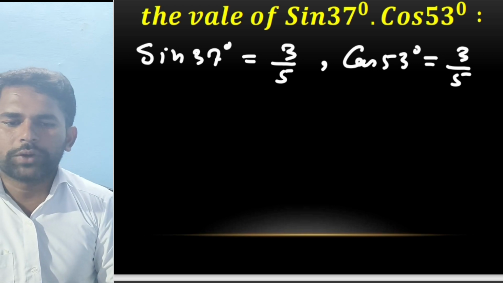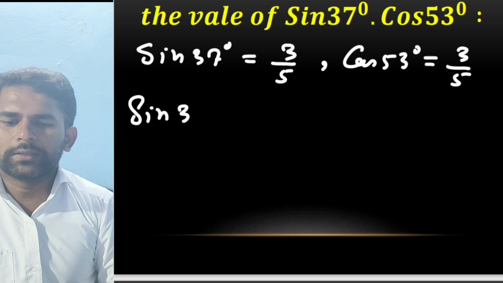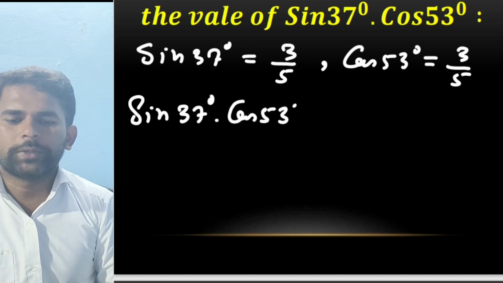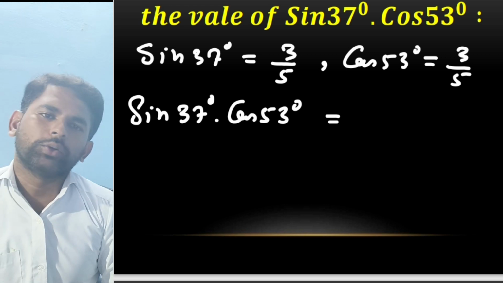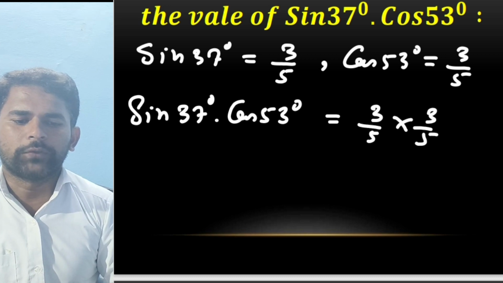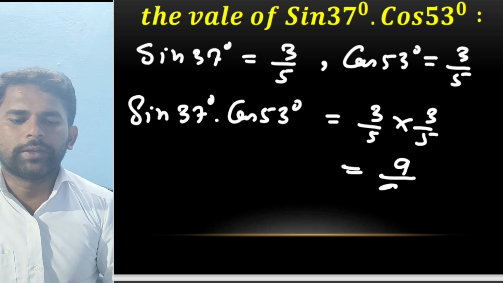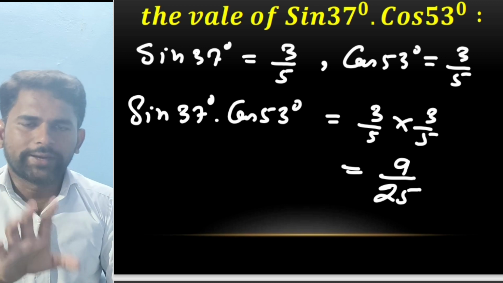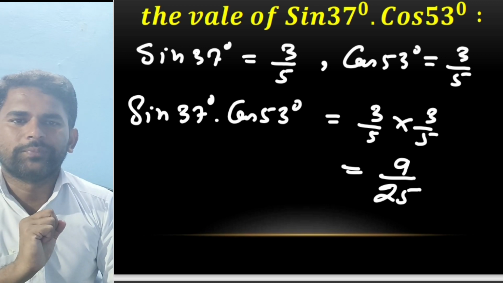So sin 37 into cos 53 degree, we can place the value 3 upon 5 multiplied by 3 upon 5. So finally it will be 9 upon 25. This is the final answer of this question.